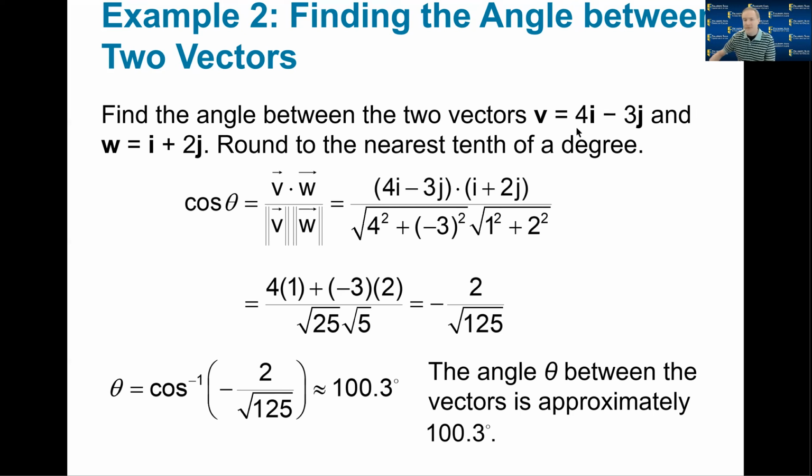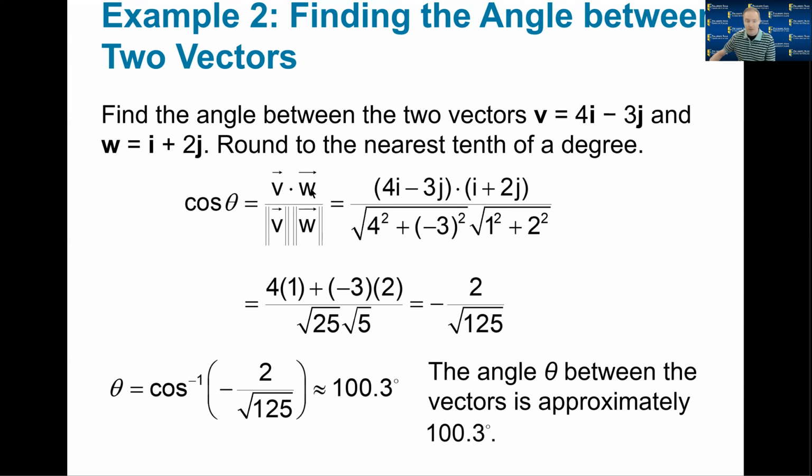In this example, I give you vector v, that's 4i minus 3j, and vector w, that's i plus 2j. We're supposed to find the angle between them to the nearest tenth of a degree. No problem. I know that the cosine of theta should be the dot product divided by the product of the magnitudes.